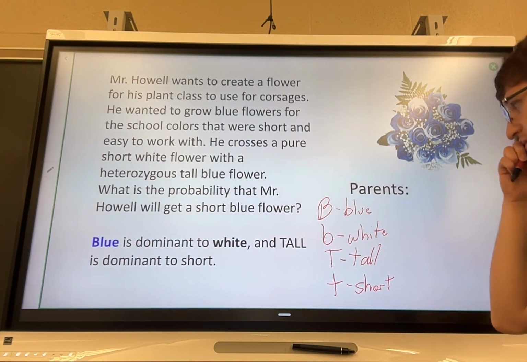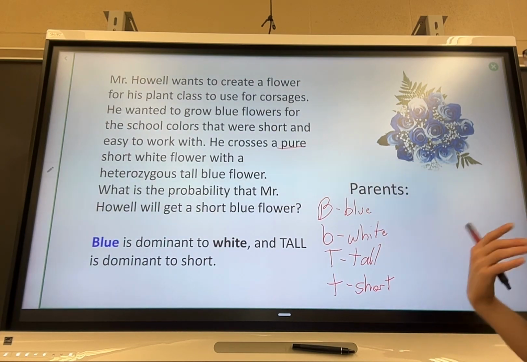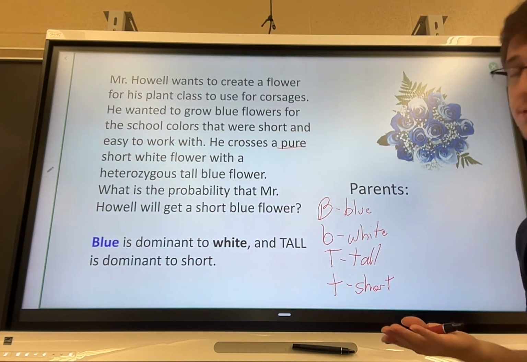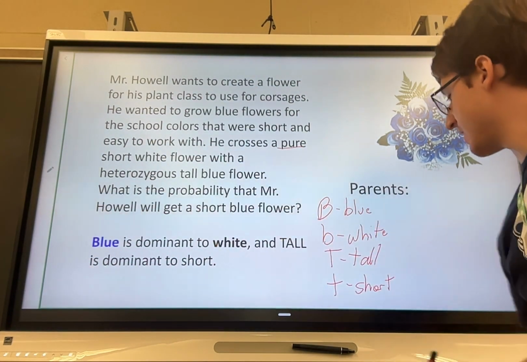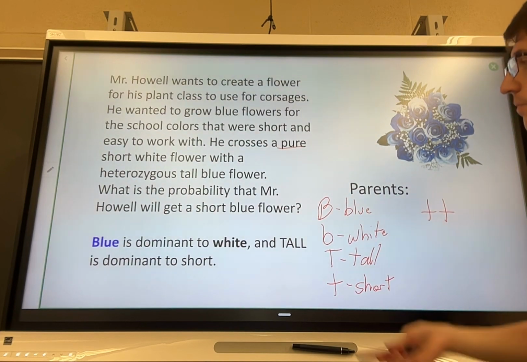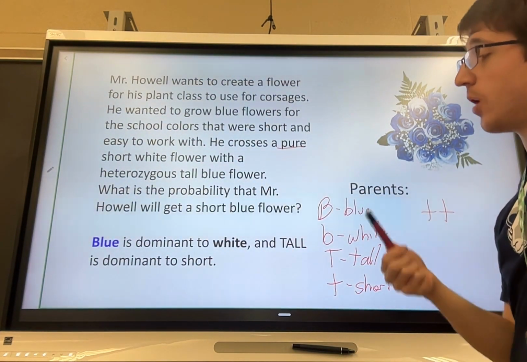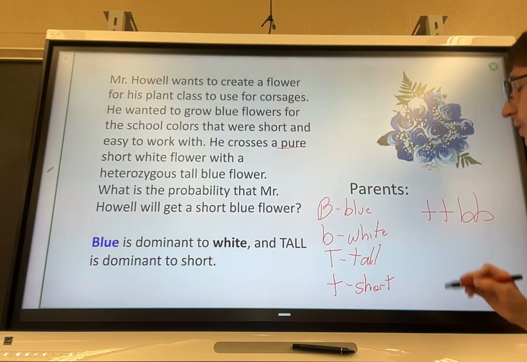So our parents, if we have a pure, short, white flower, pure is going to indicate that it is homozygous. Short is our recessive, so it's going to be little t, and our color is white, so we want two recessive traits for that, so little t, little b.